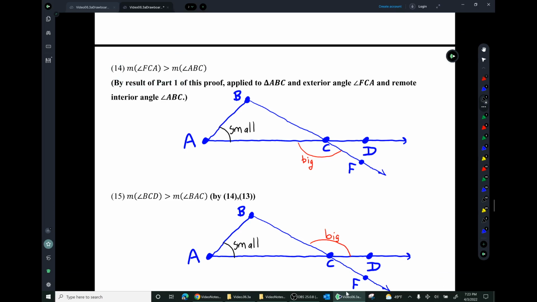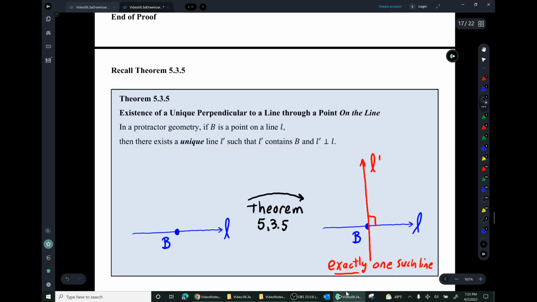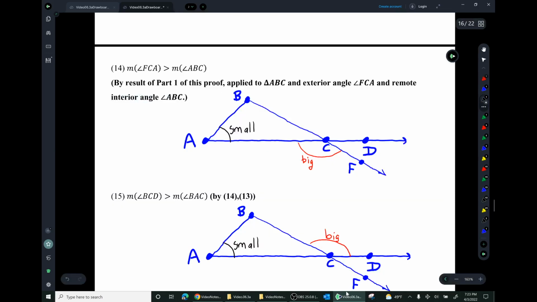But remember, this red angle FCA is congruent to this angle over here. So we can also say that this angle over here is bigger than this black angle. So I should have said here that that's the end of the proof.